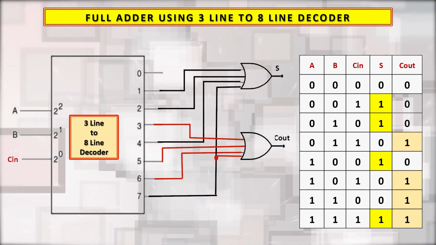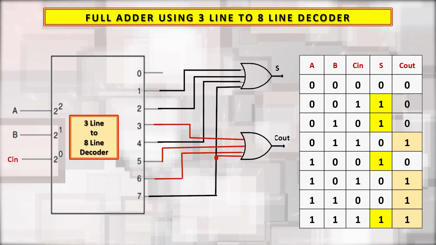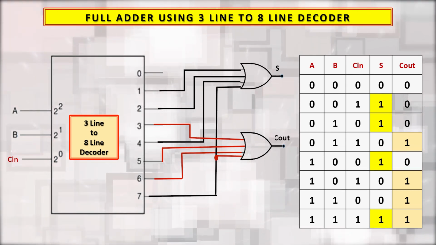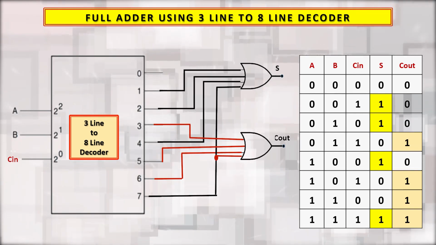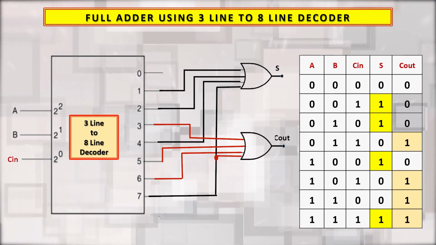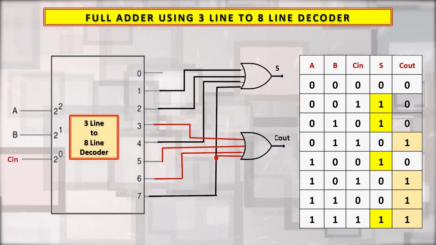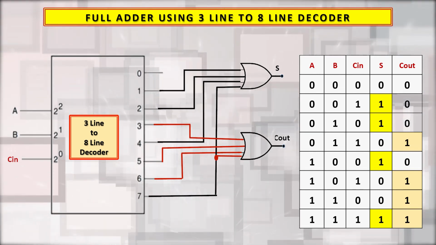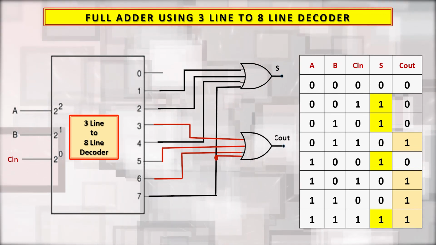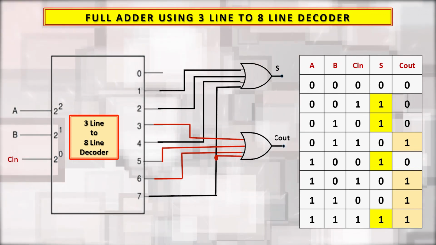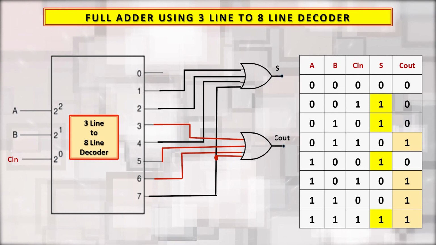sum bit. And for carry out, we will see when there is a logic high for carry out. That is for output 3, output 5, output 6 and 7.